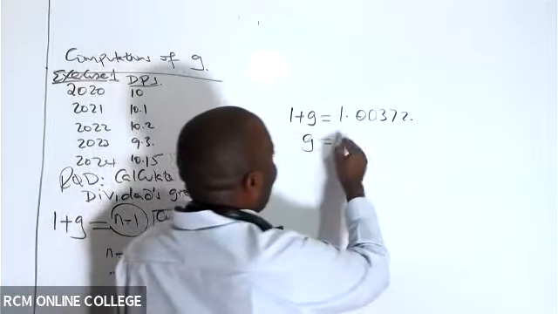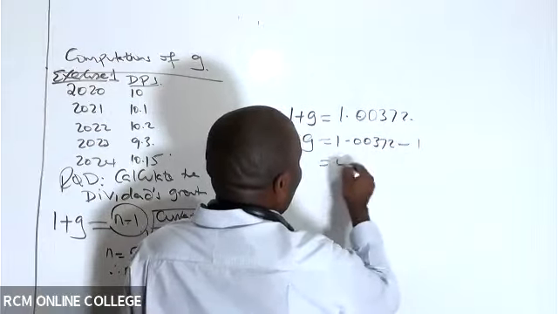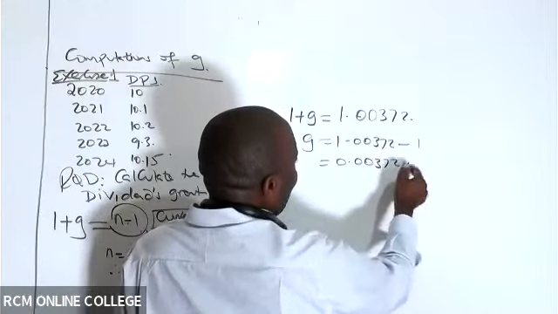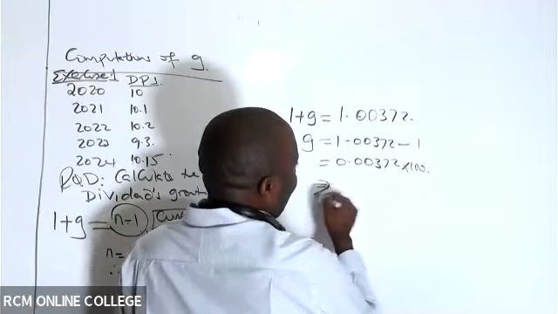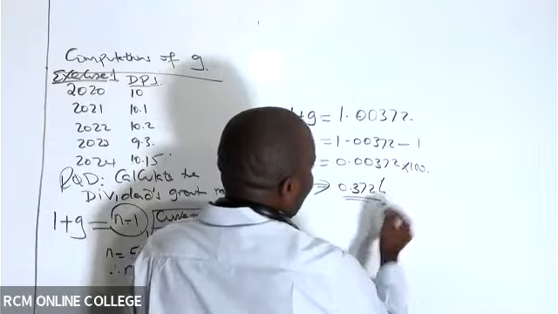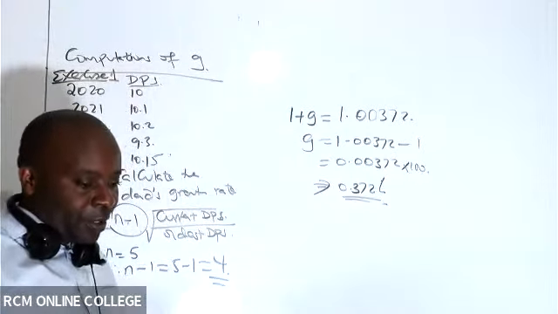Therefore, G will be 1.00372 minus 1, which will be 0.00372. So, of course, times 100, and that will end up giving us 0.372%. Thank you for that. So now I believe this is the correct answer, right?